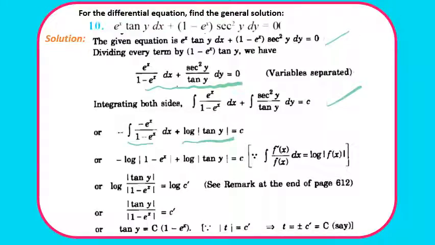So simplifying, we are getting log tan y upon 1 minus e power x equals to log c. So remove log, we get tan y upon 1 minus e power x equals to c. So the general solution will be tan y equals to c into 1 minus e power x, which is the required solution. Clear? So pause and note down the solution.